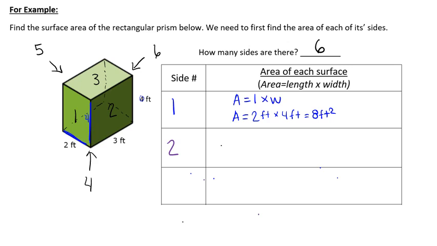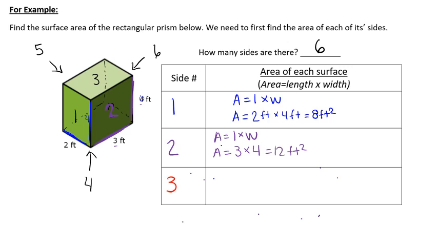Let's look at side 2. Again, area is equal to length times width. The length of this one, we have 2, and its width, we have the same thing, the 4. Actually it's 3 times 4, which is equal to 12 feet squared.